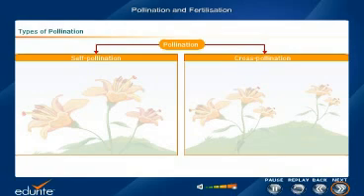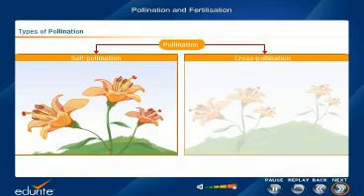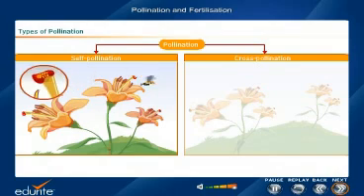Now let's discuss the two types of pollination observed in plants: self-pollination and cross-pollination. Self-pollination occurs when the pollen from the anther of a flower is transferred to the stigma of the same flower or another flower on the same plant.